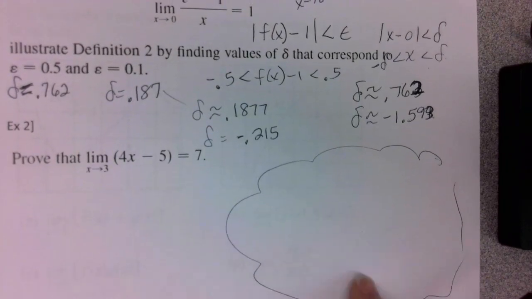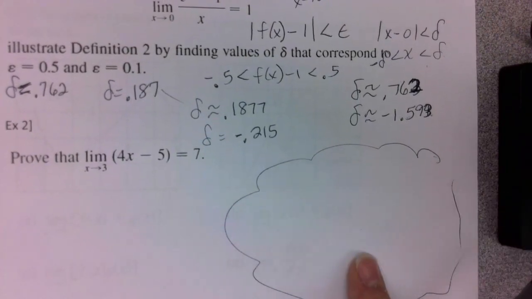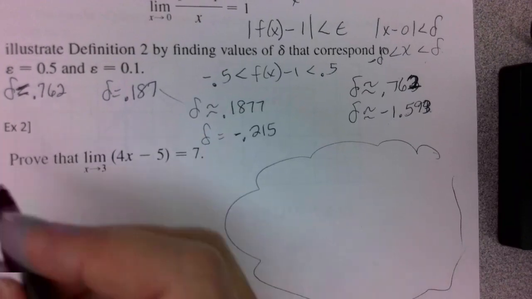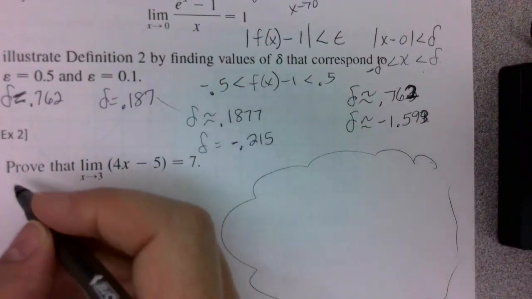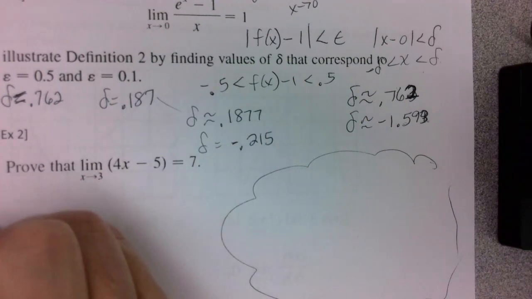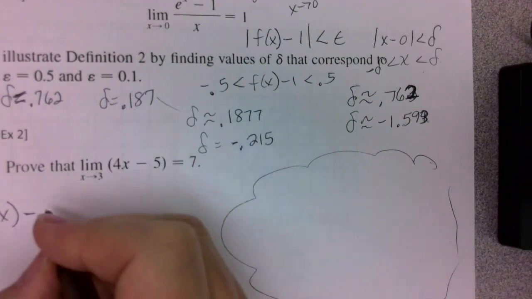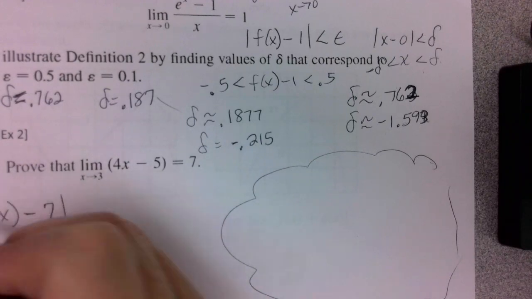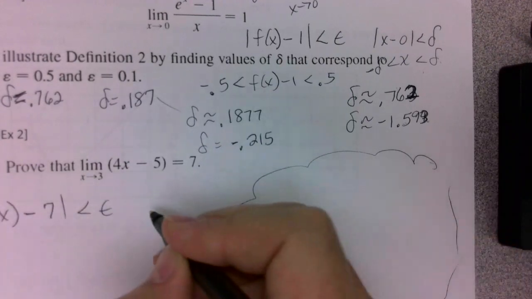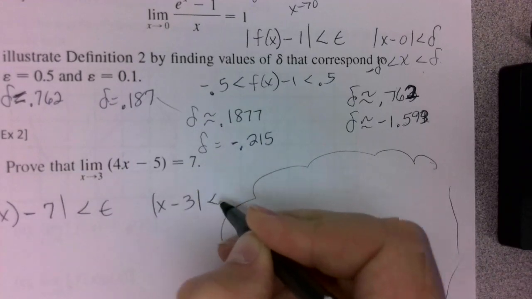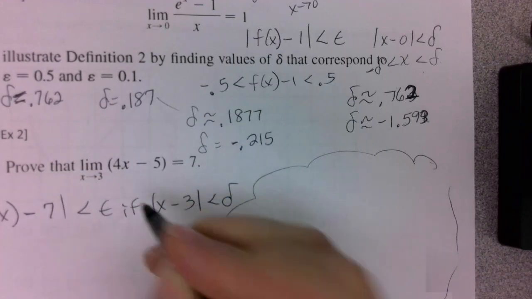I will say, usually, I want it to actually be a part of my proof. In this case, we're doing that same idea of the f of x minus the limit, got to be less than epsilon, right? And then we're going to say absolute value of x minus 3 less than delta, right?